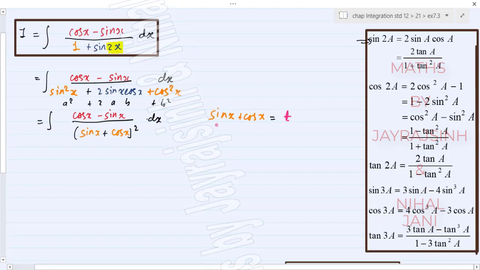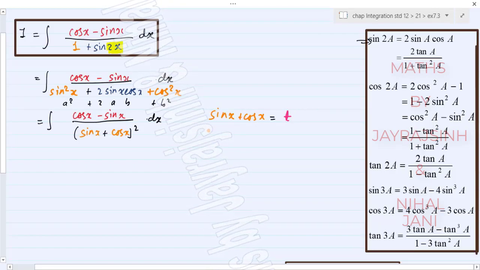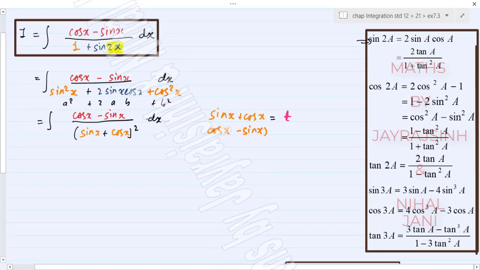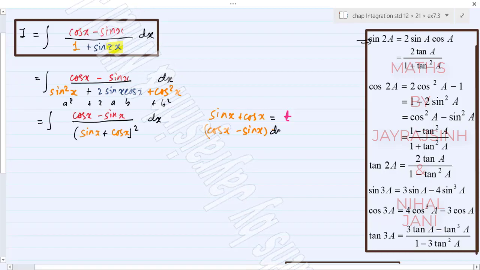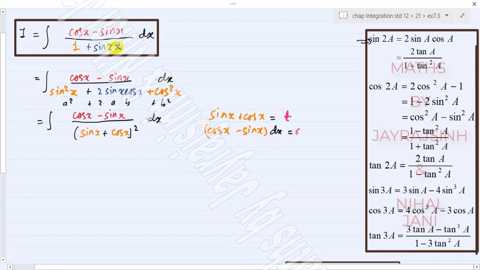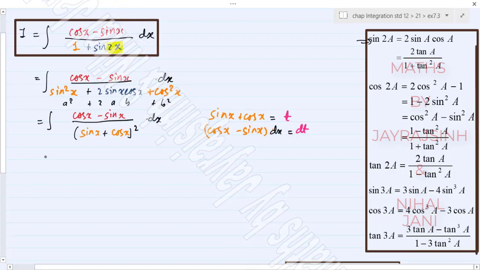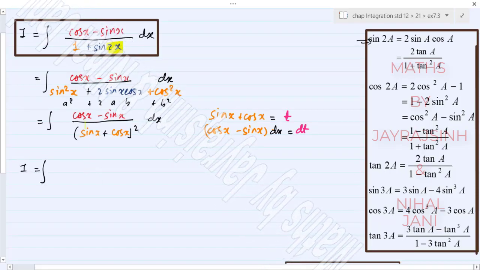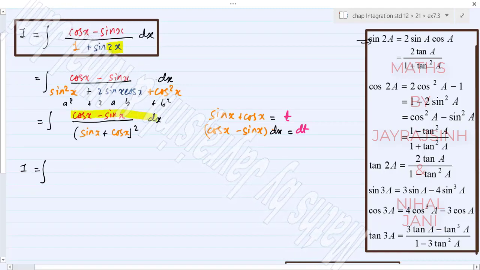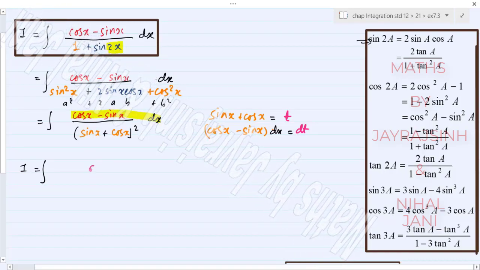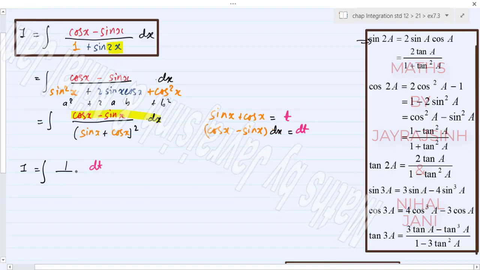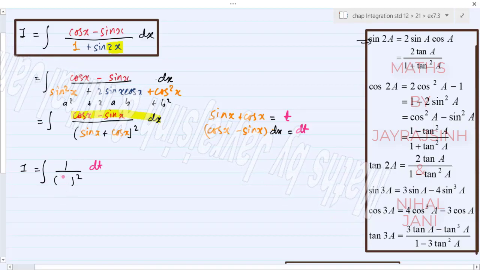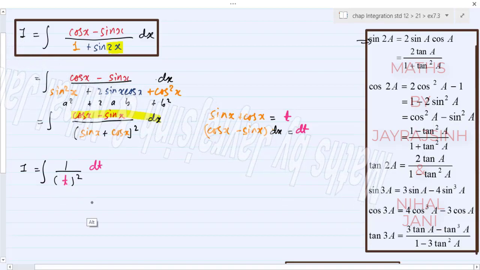So differentiate both the sides, we will get cos x minus sin x dot dx is equal to dt. So we can modify our integration as this cos x minus sin x dot dx will become your dt, and here we have 1 upon sin x plus cos x the whole square, which we will convert into t square.